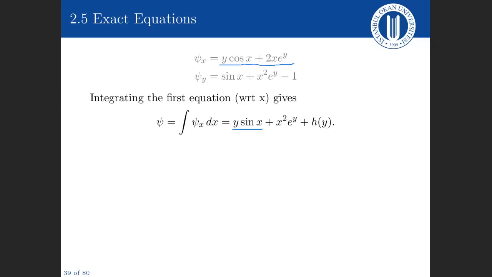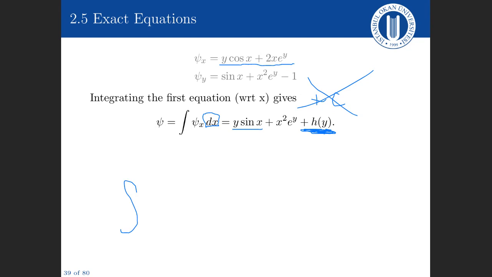Now, you will recall from MATH2, when we do an integral involving two variables, we don't add a plus constant on the end. Instead, we have to add on a function. If we're integrating dx, you must add on a function of y.